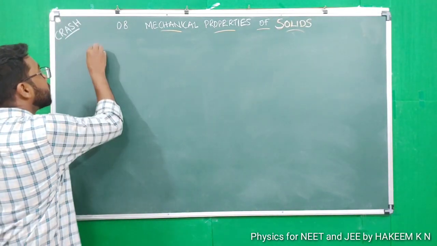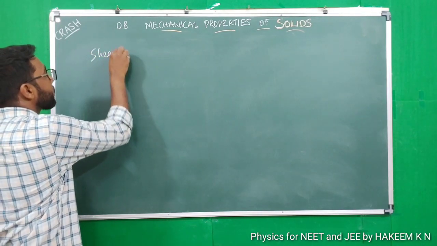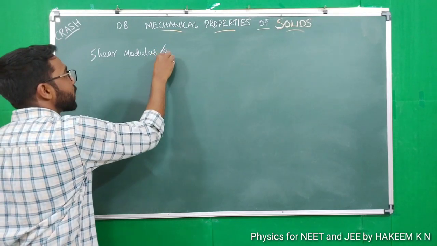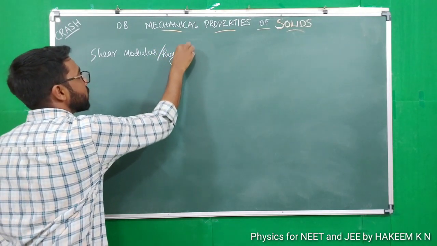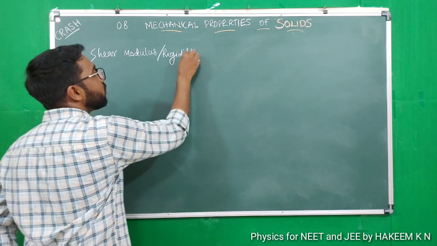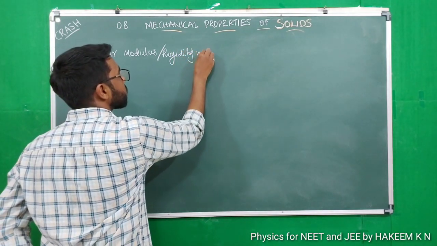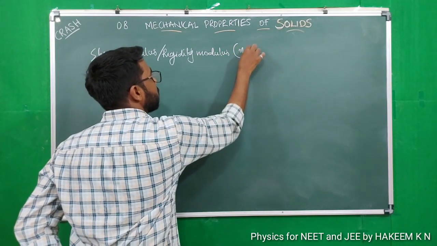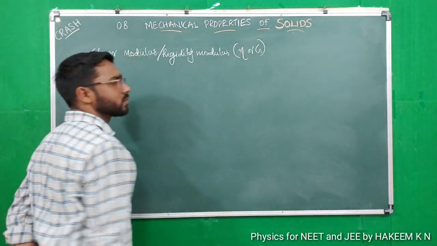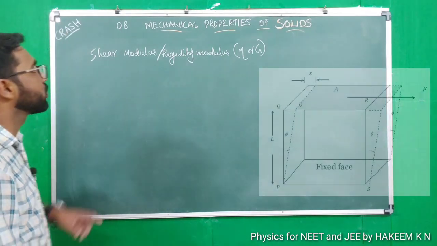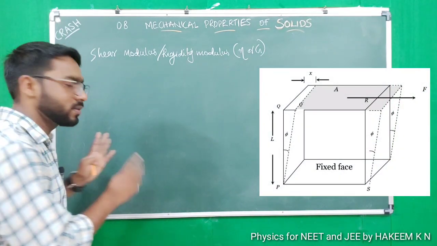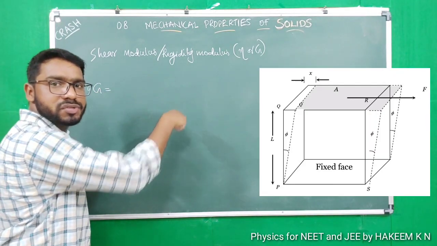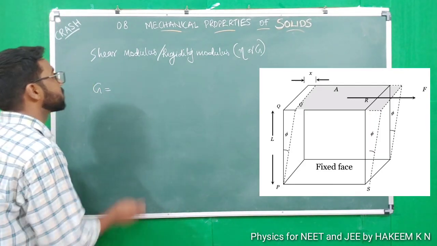Okay, next. Shear modulus, or we can say rigidity modulus. Symbols given are eta or G. Shear modulus, rigidity modulus means shear stress by shear strain, or tangential stress by tangential strain.